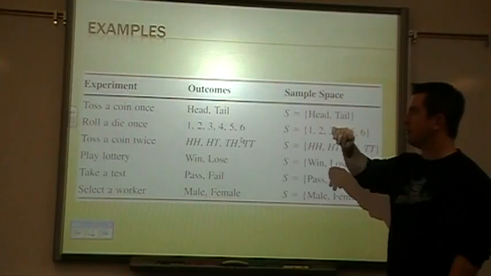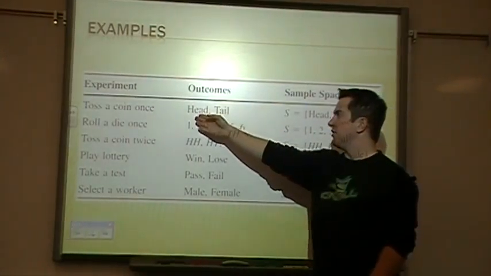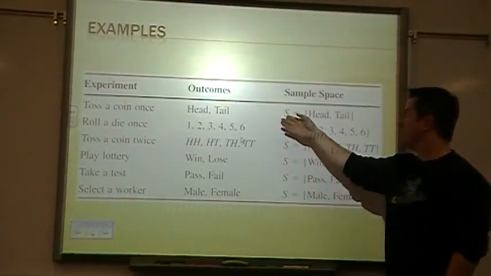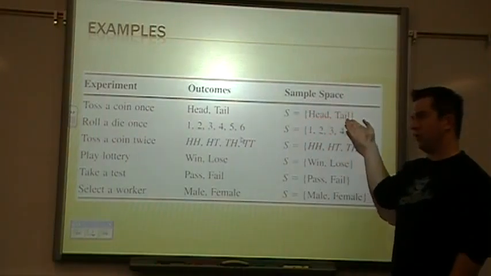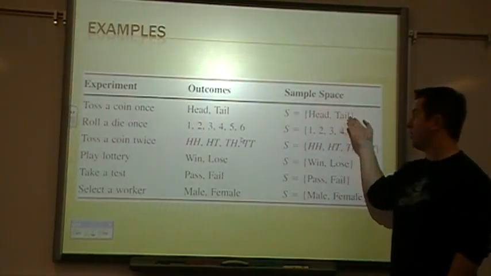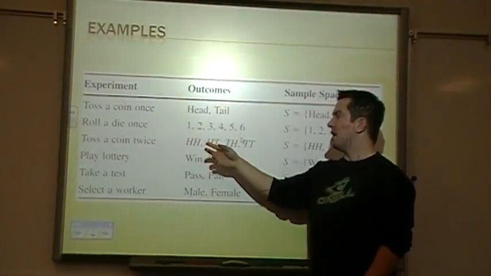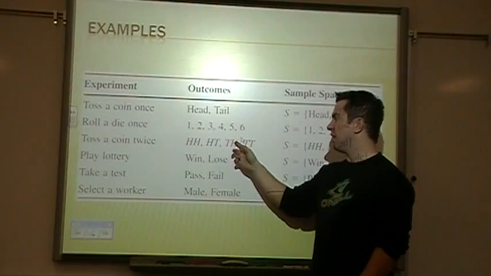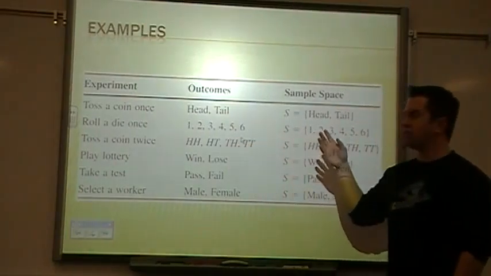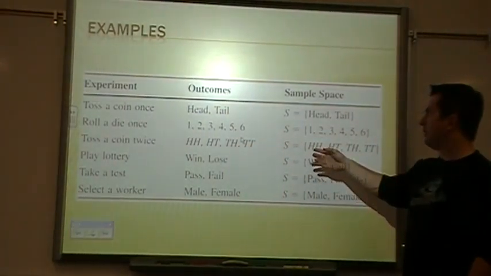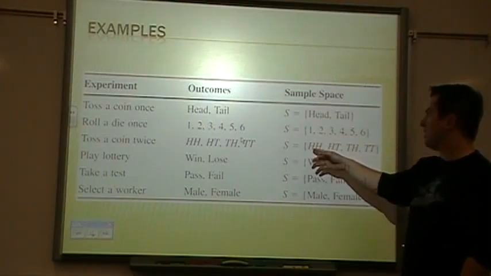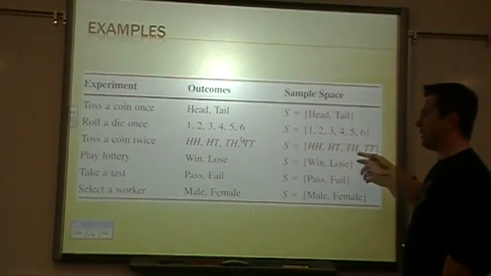Okay, so for the coin, your outcomes are a head or a tail, and your sample space is head or tail. There's two possible outcomes. If you toss a coin twice, your outcomes could be head-head, head-tail, tail-head, or tail-tail. So there are four different things in your sample space. All four outcomes are right here.